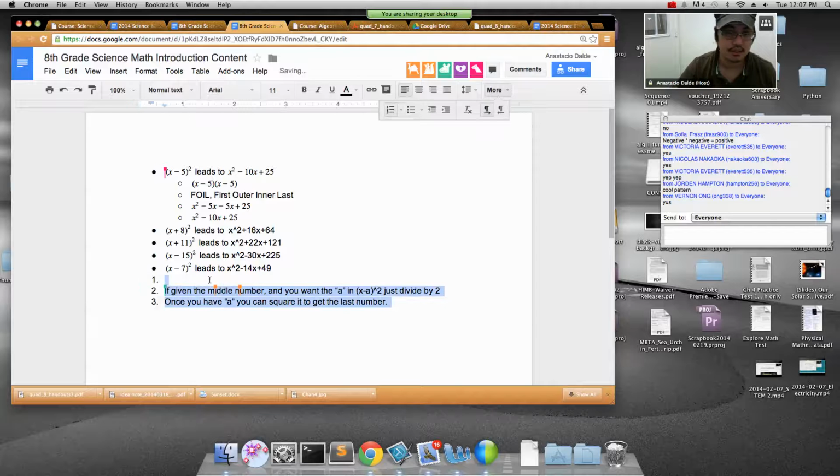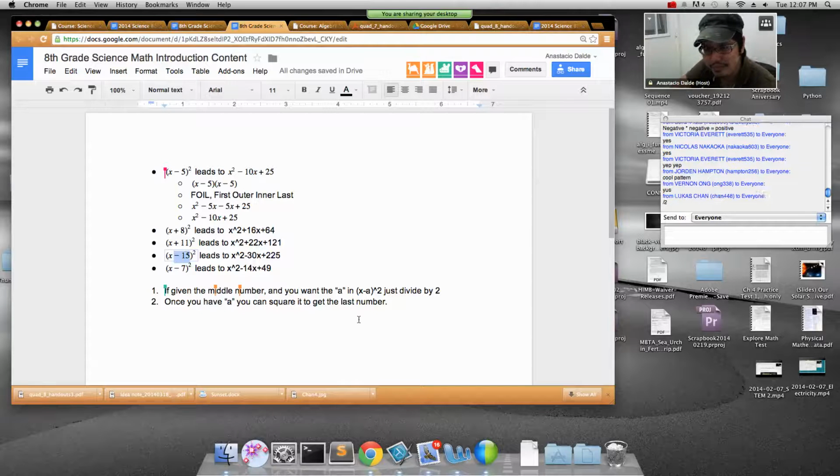I'll number them. If you start off with this middle number right here, in order to get this number over here, you just divide by 2, right? And then if you have this number over here, in order to get that number at the very end, you just square it, right?